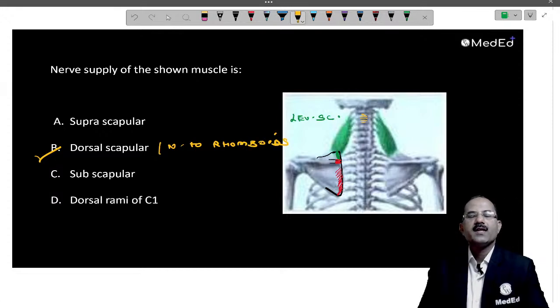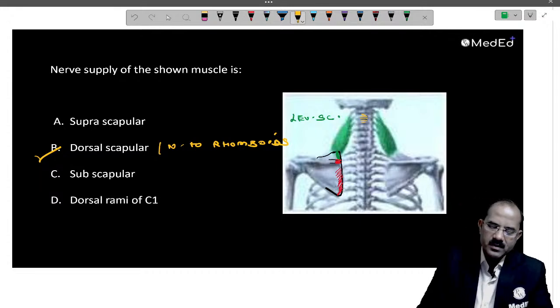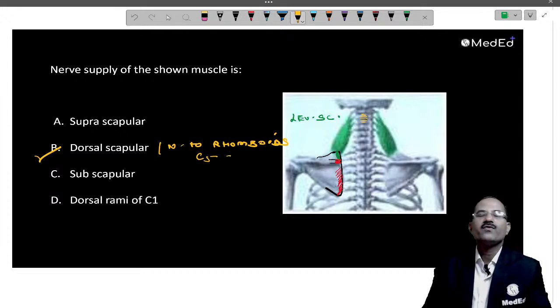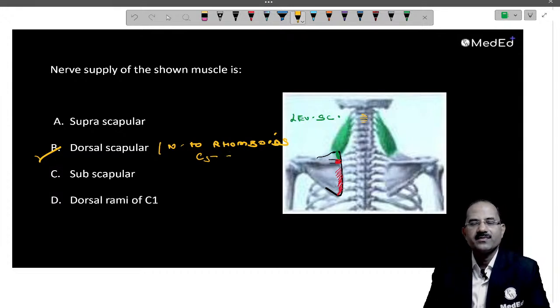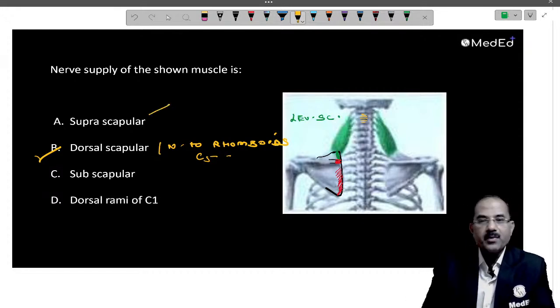Nerve to rhomboids. And the dorsal scapular nerve arises from the C5 root of the brachial plexus. C5 root, dorsal scapular nerve. Perfect. Okay, what is the suprascapular nerve supply?